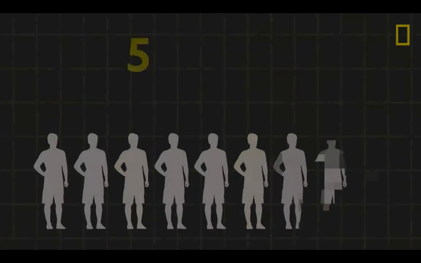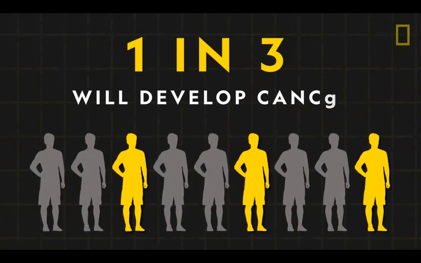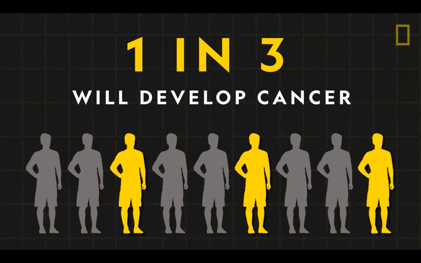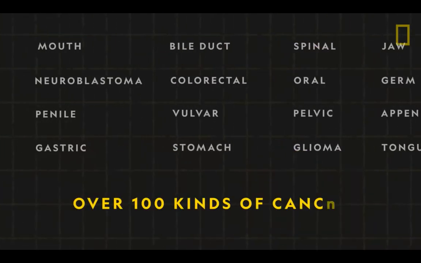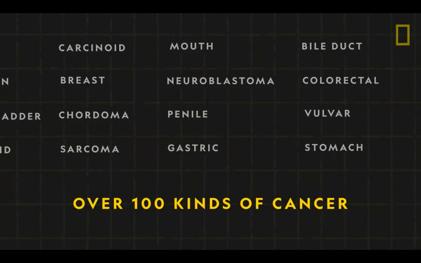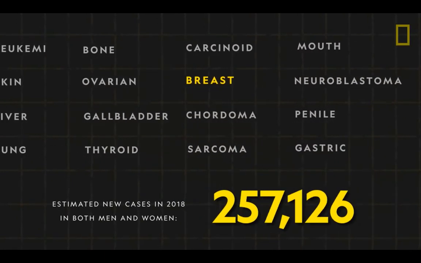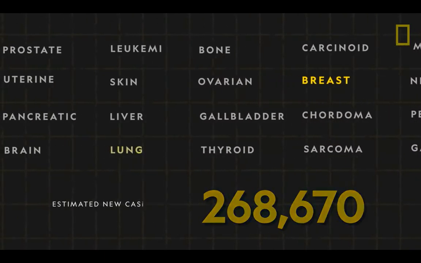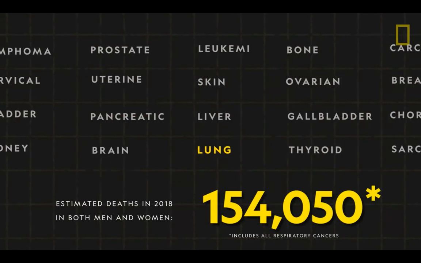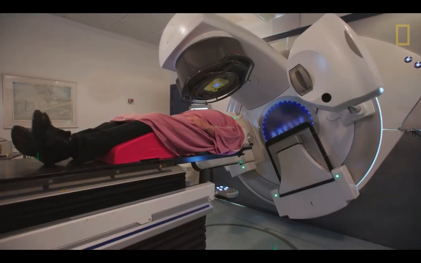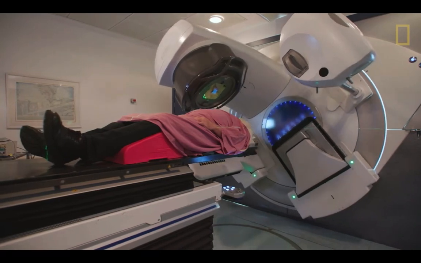In the United States today, roughly 1/3 of all people will eventually develop cancer. Of the over 100 different types of cancer, breast cancer is currently the most prevalent type, and lung cancer causes the most deaths. But our ability to fight cancer is improving.